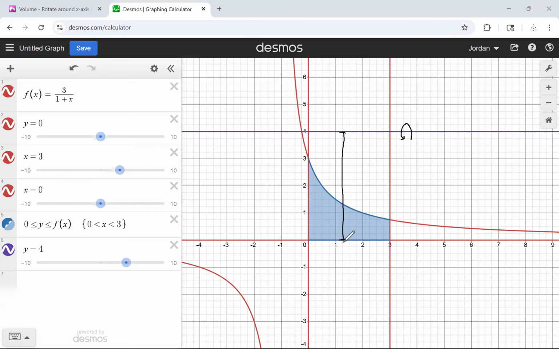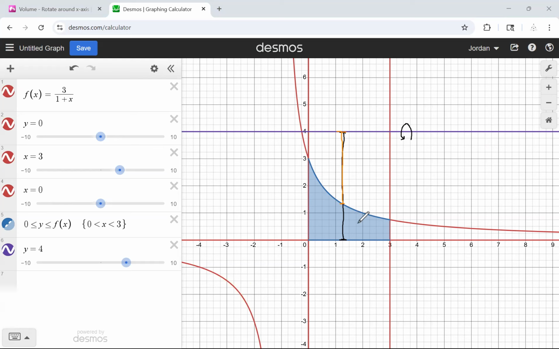So it's going to start at y equals 0, and it's going to go all the way up to y equals 4. So the radius of the outside disk is going to go from 0 to 4 or 4 to 0, however you like to say that. With the inside disk, the radius is going to go from 4 down to the curve y equals 3 over 1 plus x.